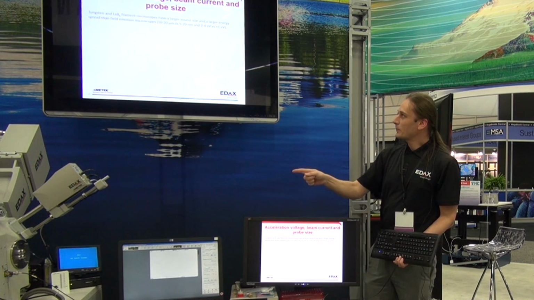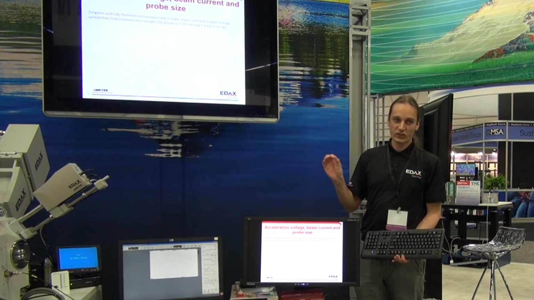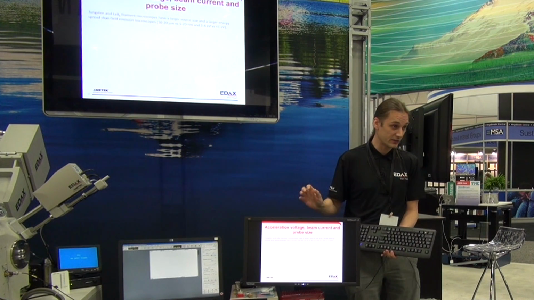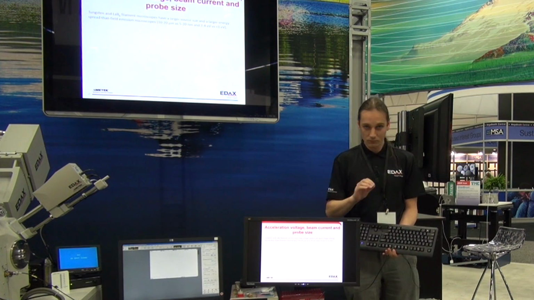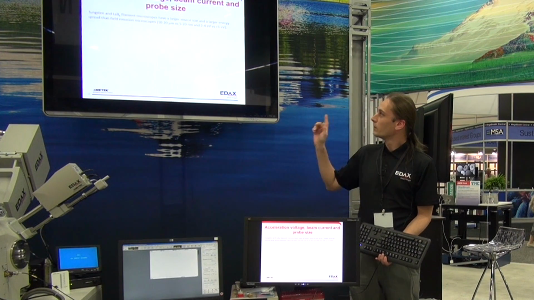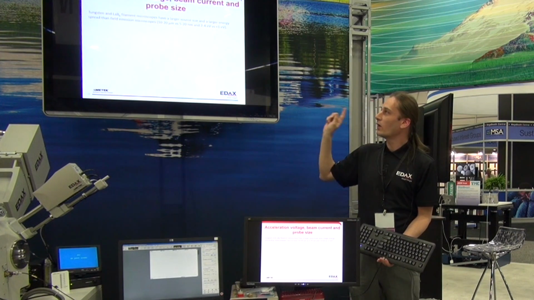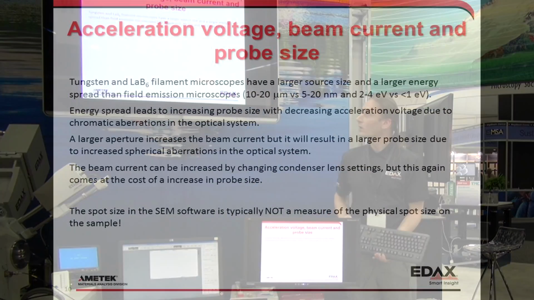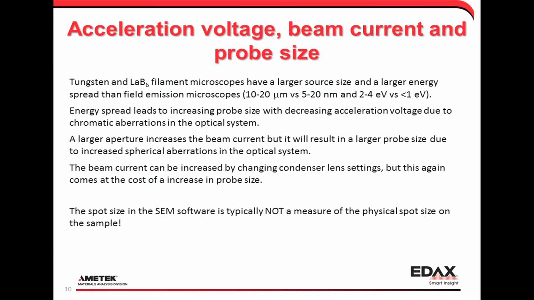In the tungsten and LaB6, like we have here, the source size is large, so they inherently have a larger spot size than the field emissions. That is what it is. The problem is they also have a larger energy spread than the field emissions. And this comes into play when we decrease our acceleration voltage to become more surface sensitive.